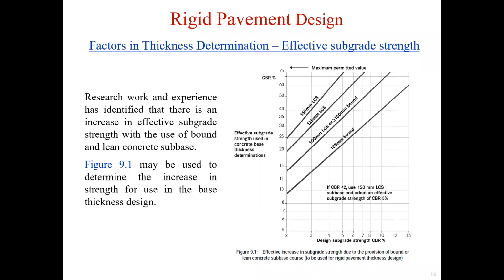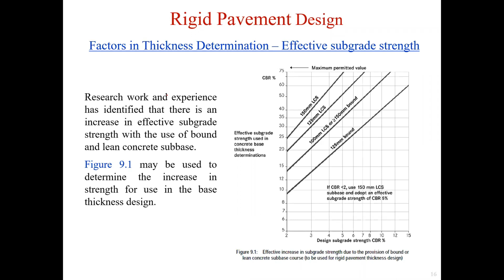The effective subgrade strength also influences the thickness determination. The composite strength of the subgrade and the embedment soil below it is termed the effective subgrade strength. Previous research and experience has indicated there's an increase in effective subgrade strength with the use of bound and lean concrete subbase.